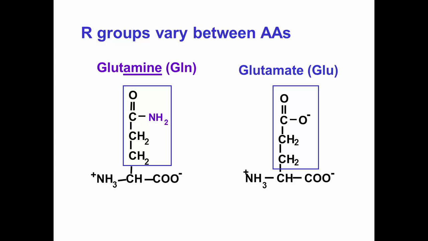Here I'm just showing how glutamate and glutamine are cousins, because glutamine has that extra amino group on the gamma carboxyl.